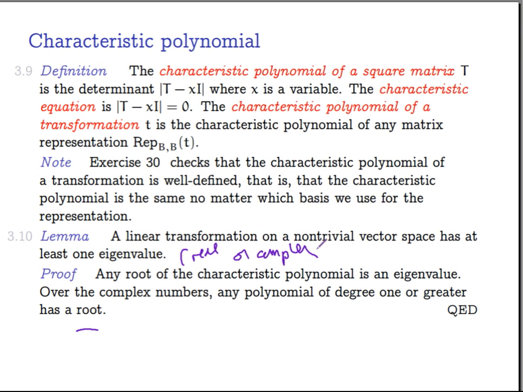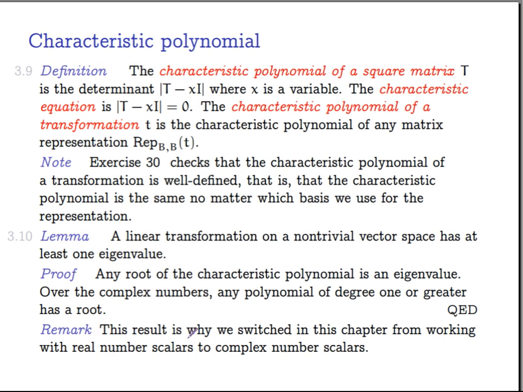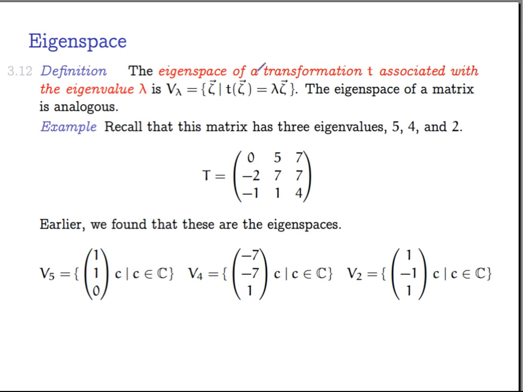Okay, so let's talk about eigenspaces. Basically, eigenspaces are the spaces spanned by eigenvectors. If you have vectors, they determine a vector space through their span. So the eigenspace of a transformation T associated with the eigenvalue lambda is basically the set of vectors spanned by the eigenvectors.